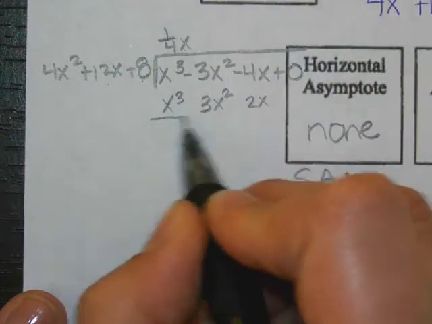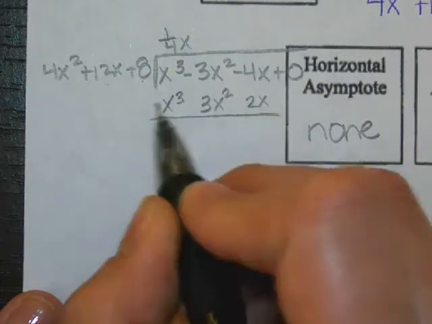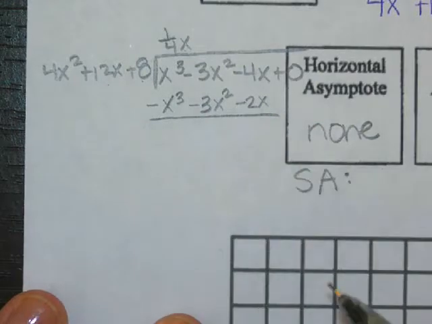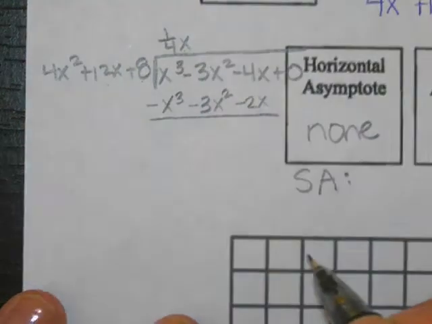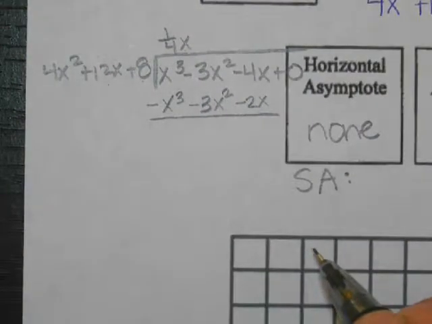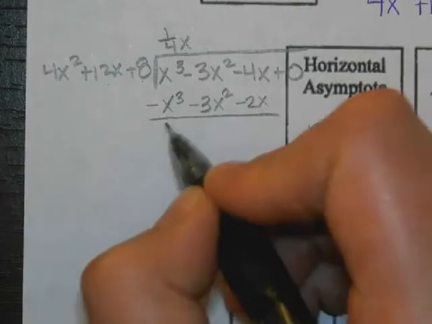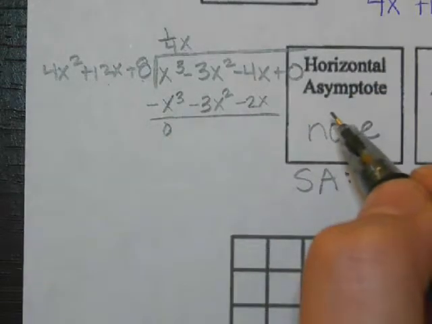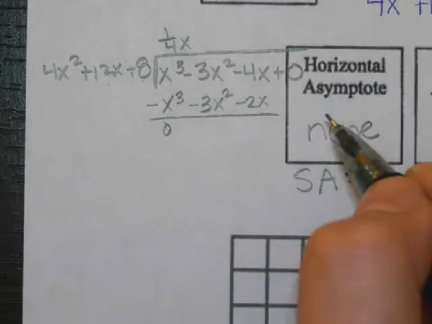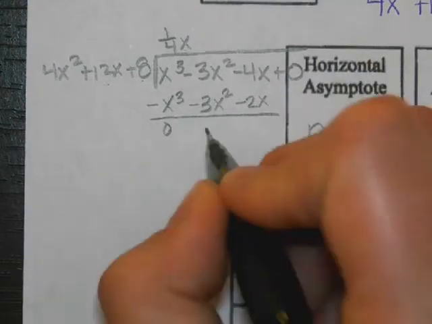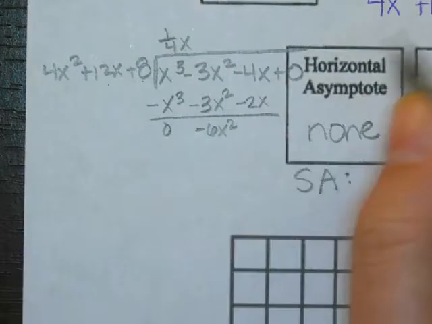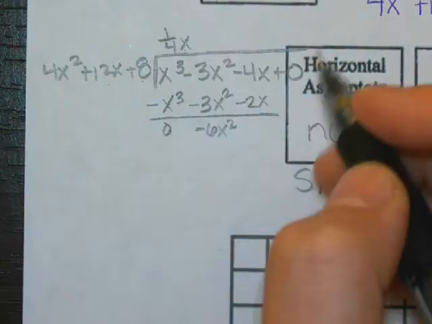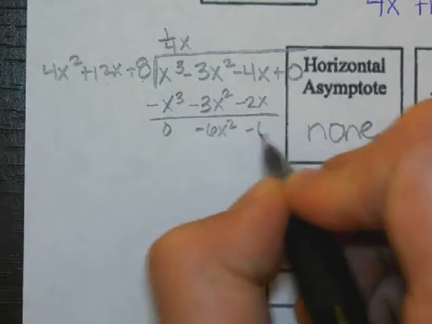And we draw the line and change, because we're subtracting. And that cancels to be 0 like it should have, so that's good. Negative 3x squared minus 3x squared is minus 6x squared. Negative 4x minus 2x is minus 6x.